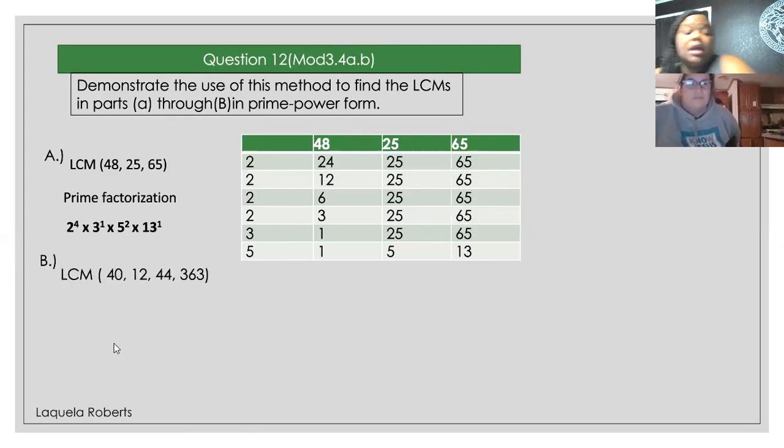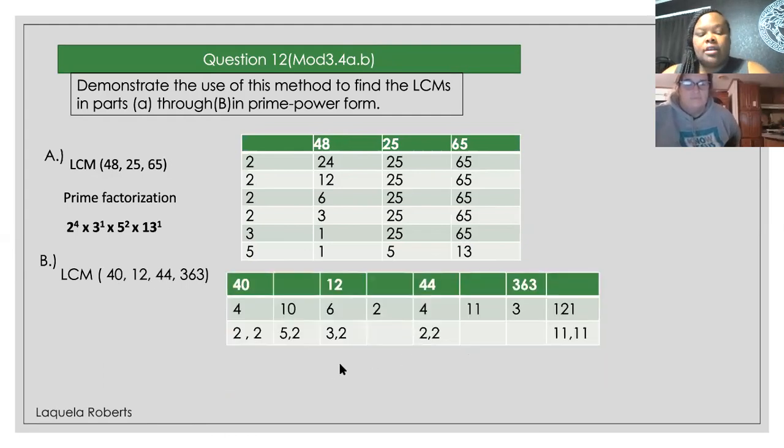For B, our numbers are 40, 12, 44, 363. Here's our chart. So you would do 40. 40 divided by 4 gives us 10. So 4, 2 times 2 gives us 4. And then 10, we got 5 and 2. Then 12 divided by 6 gives us 2.